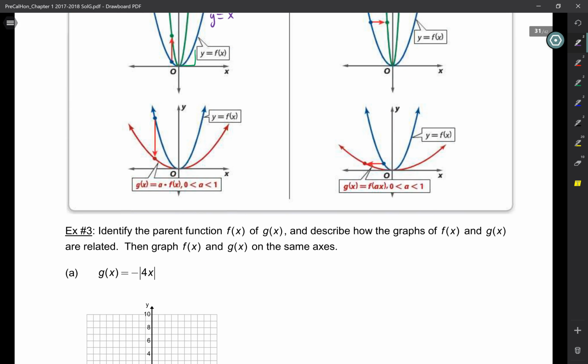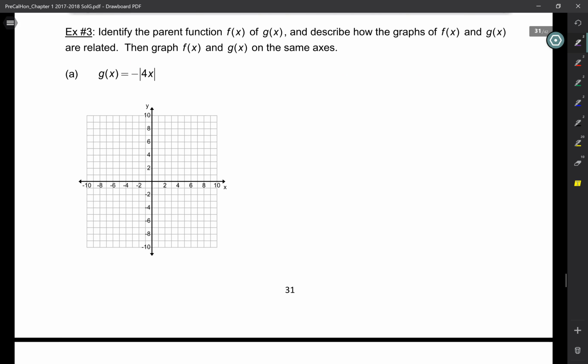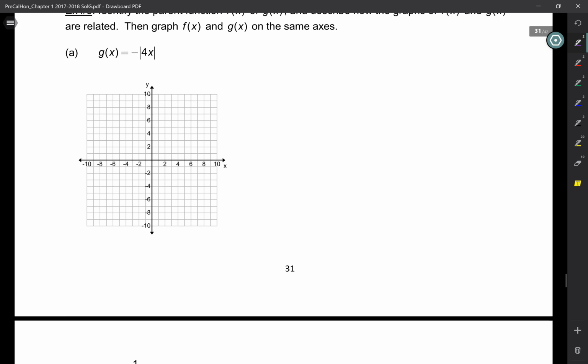Okay, take a look at this. What is this going to look like? Absolute value that faces which way? Down. So it's negative 4x, right? So we're going to start here. Normally if I went over 1, I would go down 1.